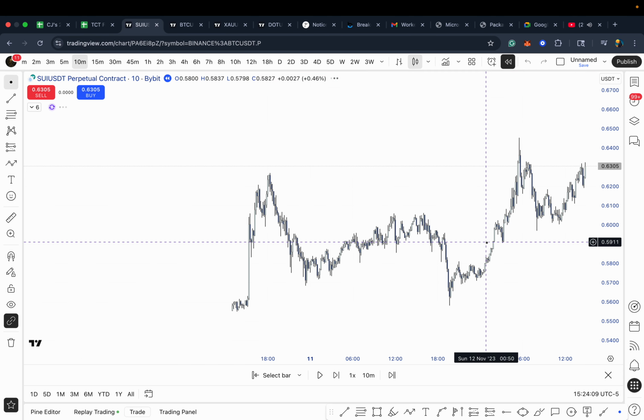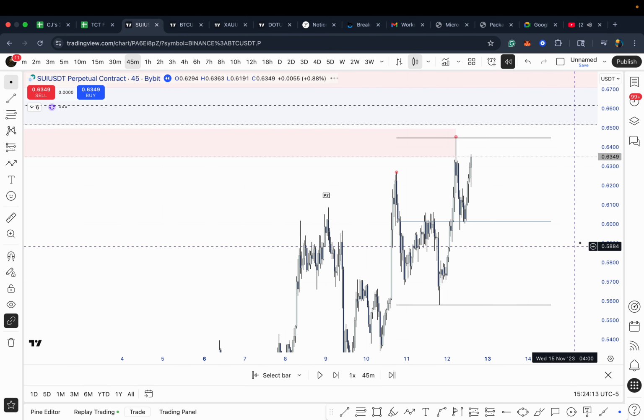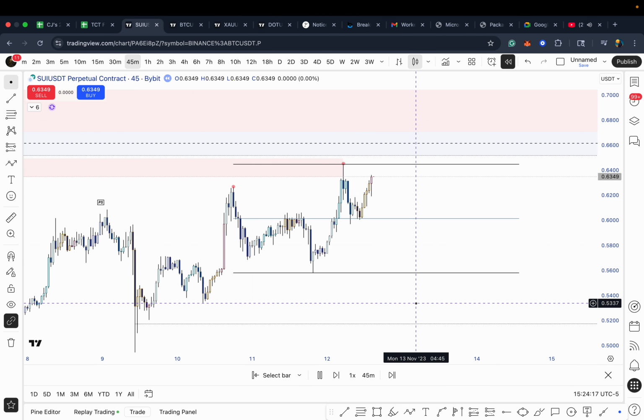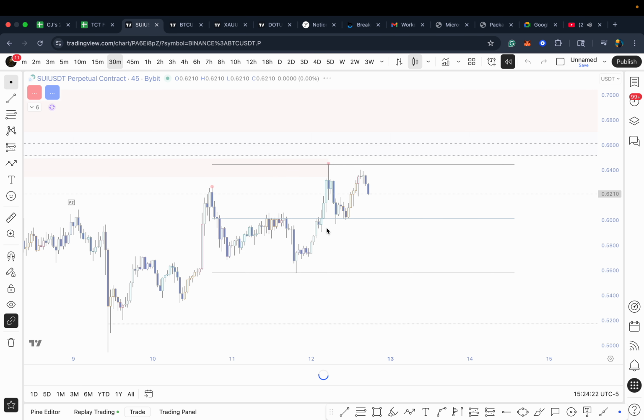We're getting some lag here. Been having some Wi-Fi issues today, but we're going to play out price on the higher time frame from here. Hopefully we can get some time frame switches.